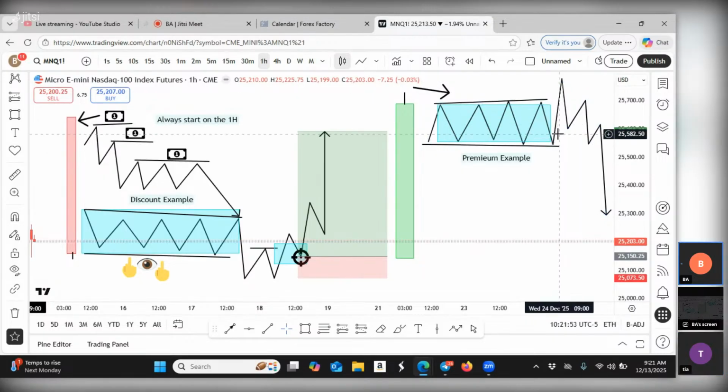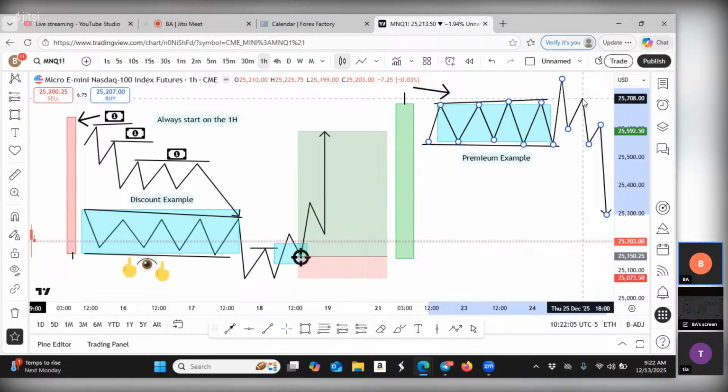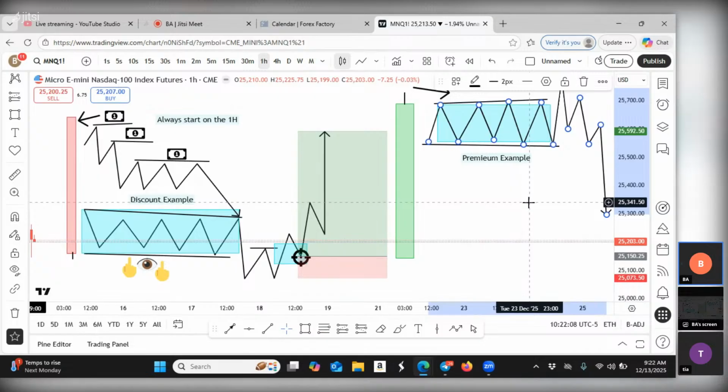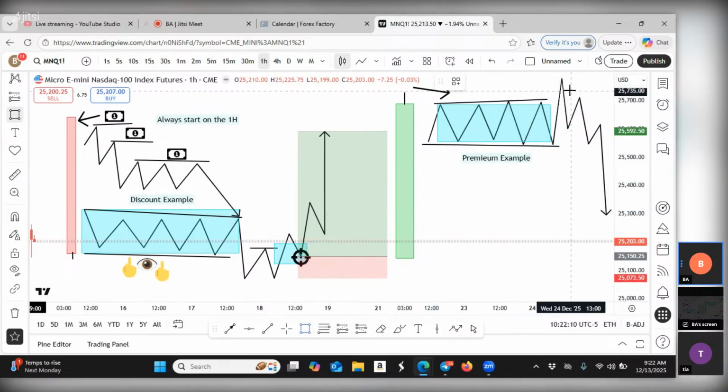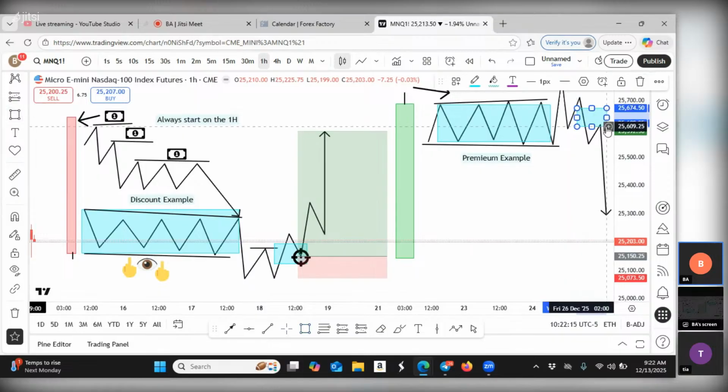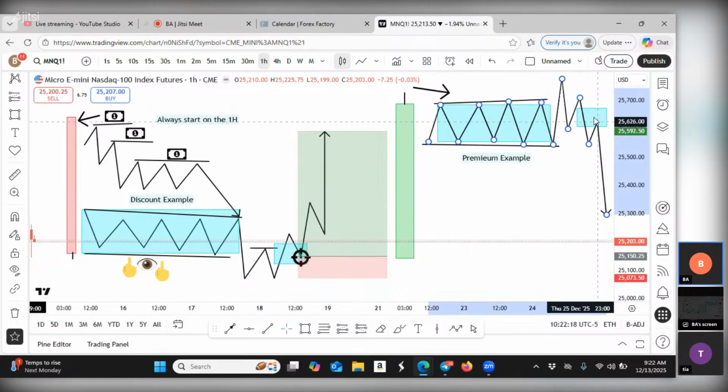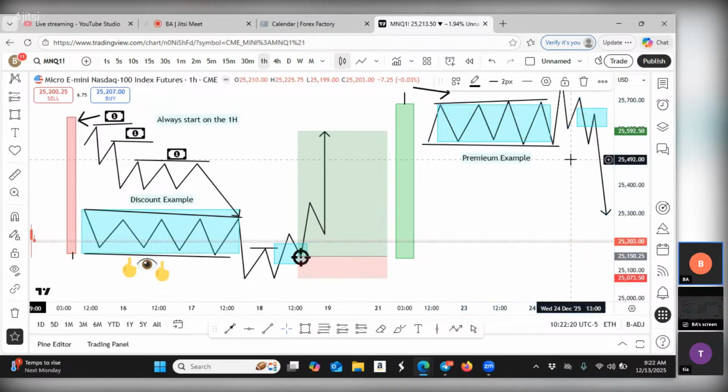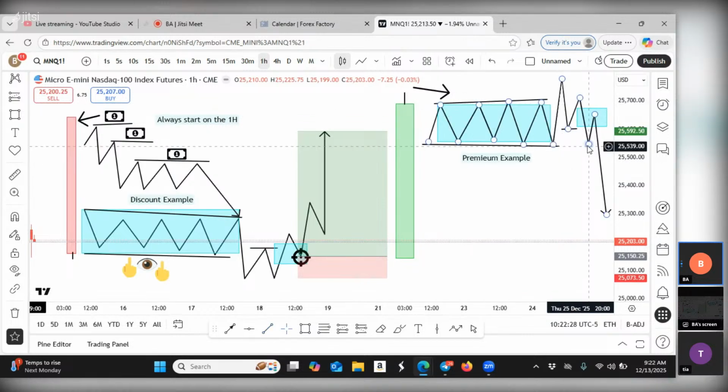This is what we're waiting for. So you have to let it create this range. We're waiting for manipulation. It's going to take out the top of the range. If it's at a premium, then it's going to show signs of reversal. You see what I'm saying? And then as soon as you get that break of market structure right here, see that break of market structure? Price closes below this little short term low.